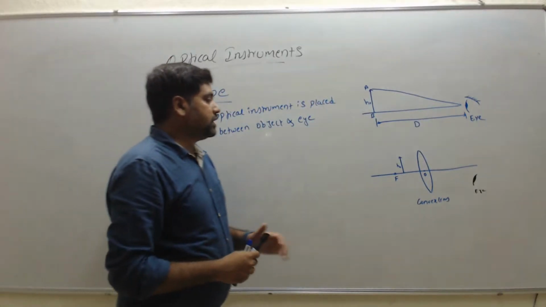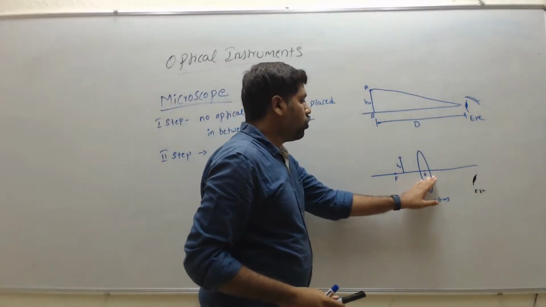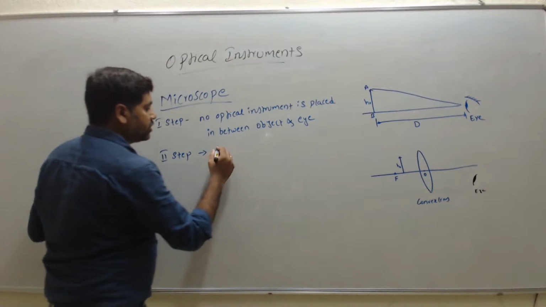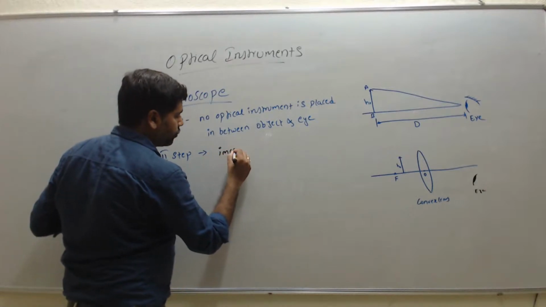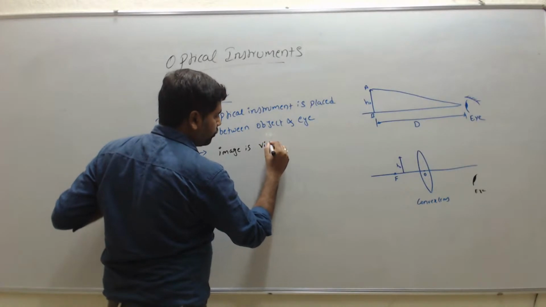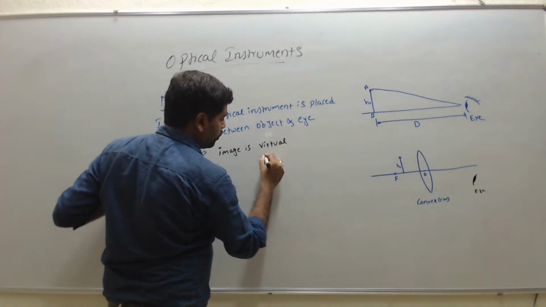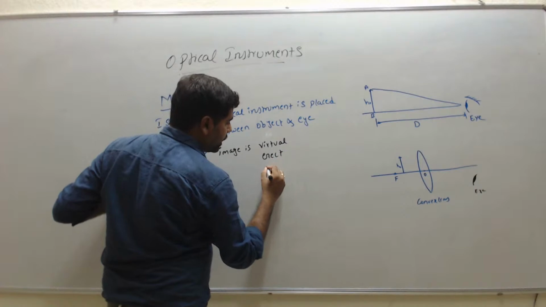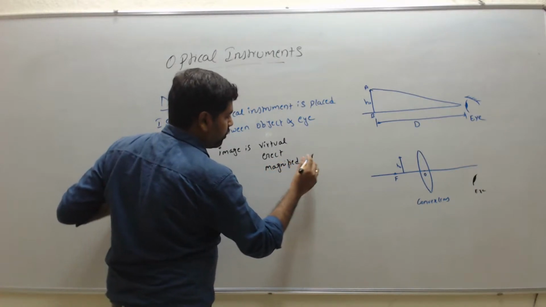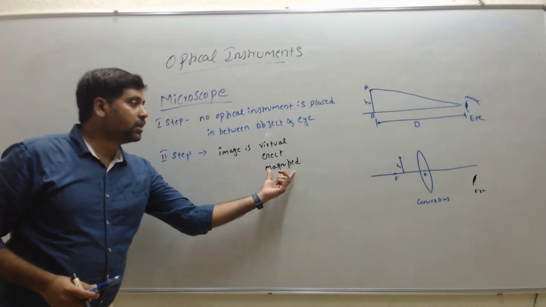If we place the object in between F and O, the image we get is virtual, erect, and magnified. Magnified means larger in size.